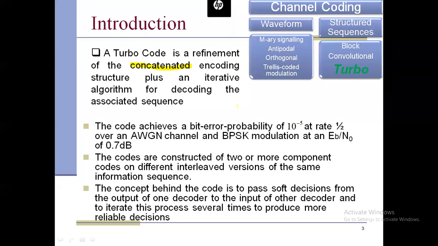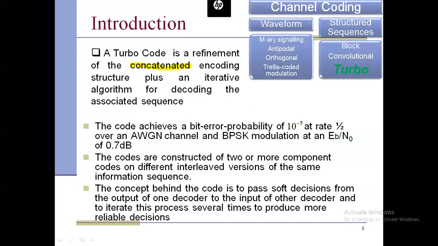In this lecture, we learn about turbo codes and the iterative decoding methods of turbo codes. Actually, turbo codes have a concatenated structure. Concatenated structure means that there are two encoders connected in serial.